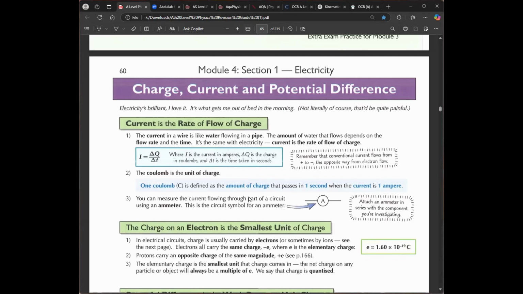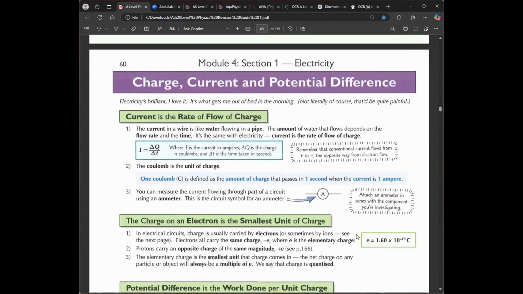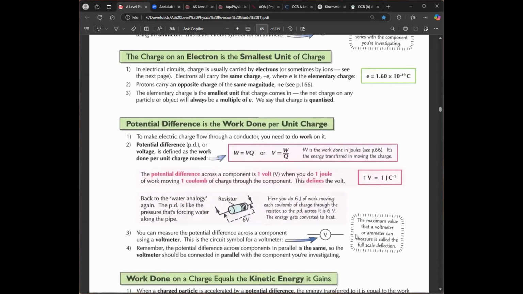The smallest charge that is possible is of an electron, which is 1.6 times 10 to the power minus 19 coulombs. It is denoted by a small e. So whenever you see a small e, that is the charge of an electron. We're just going to use that as our basis, and that is the smallest possible charge that we have in all of the questions and everywhere around us.